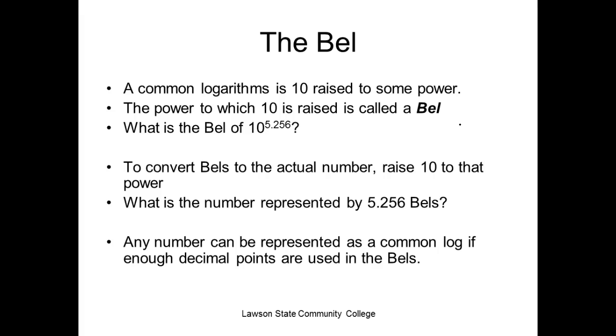Well, that exponent, we refer to as the Bel. So what is the Bel of 10 to the 5.256? Well, it's 5.256 Bels. What is the number raised to 5.25 Bels?